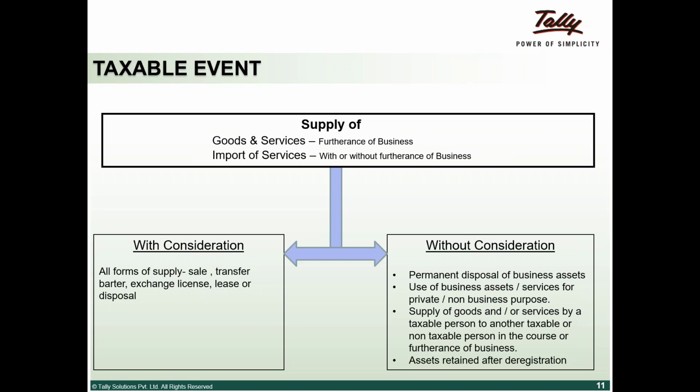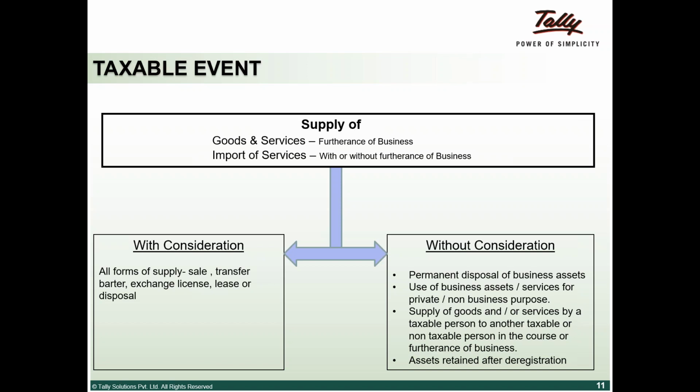They have also dealt with the example of import of services. That means I get a service from overseas countries, which is a taxable event. But in that case, whether it is for business or non-business, it is a taxable event. That is how it is defined in the top portion.